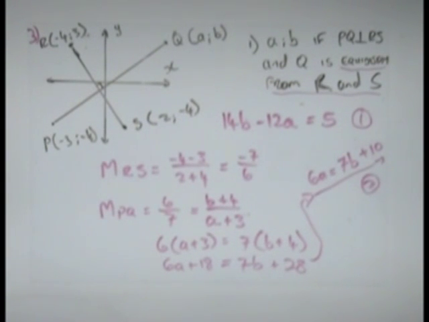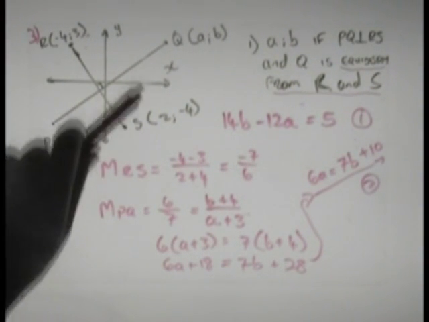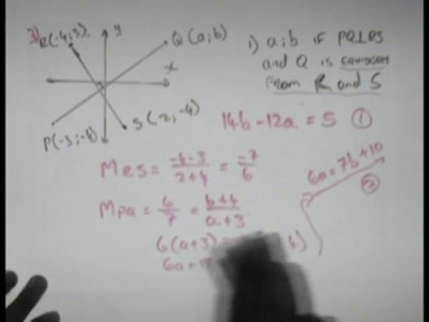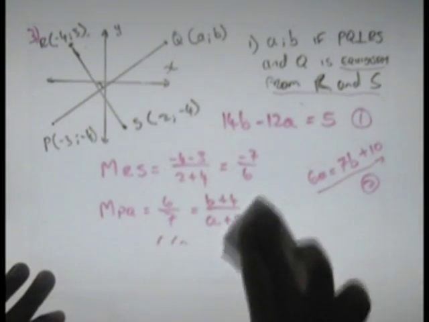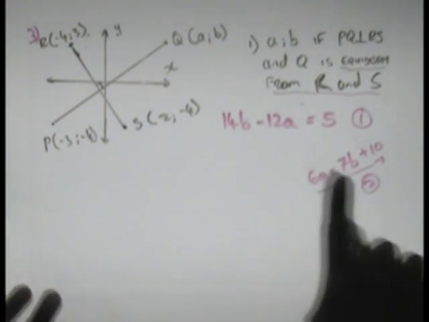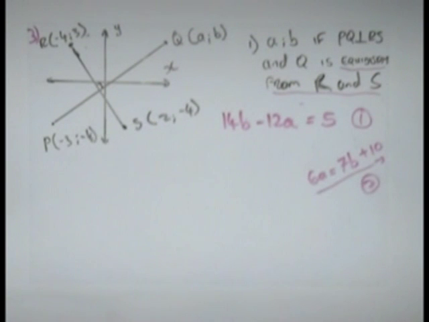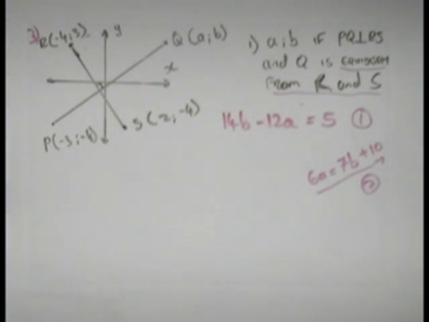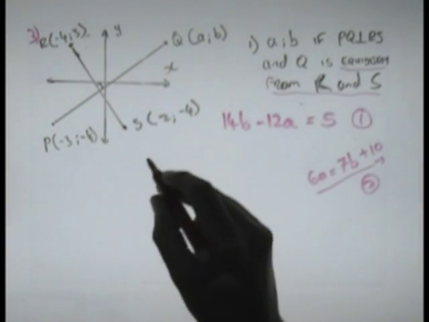Remember, I got to this using the gradient of the one being the opposite gradient of the other. Now, what I'm going to do is use these two equations simultaneously to get my values of a and of b. Here I've got 6a is equal to 7b plus 10. Let's convert that one.